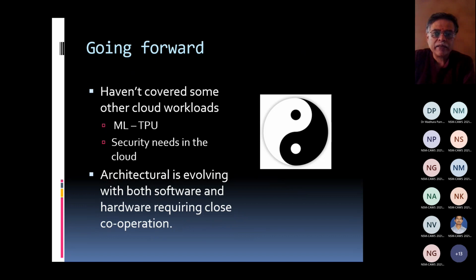So with that, I come to an end. We haven't covered some of the other cloud workloads simply because we don't have the time. We've gone quite fast over the whole concept. Things like ML and how Google responded with the TPU, or others also responded to this.